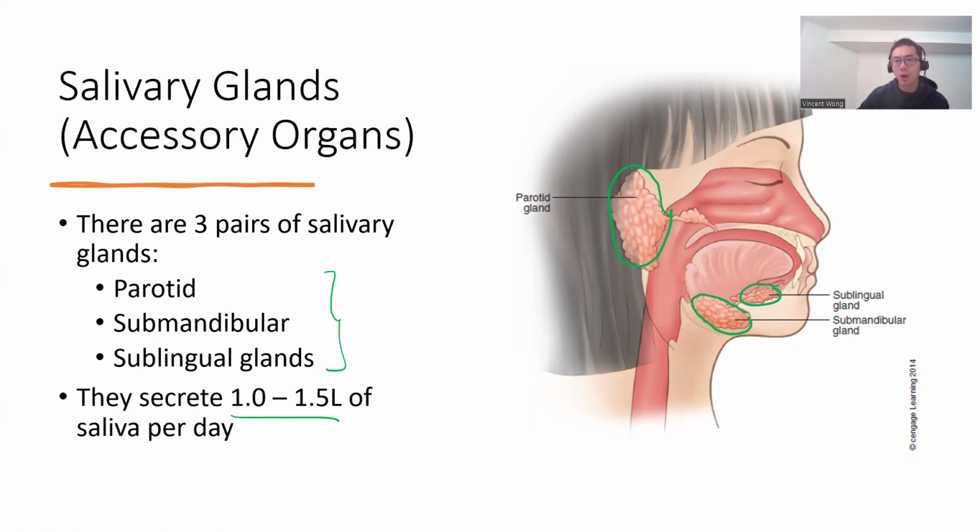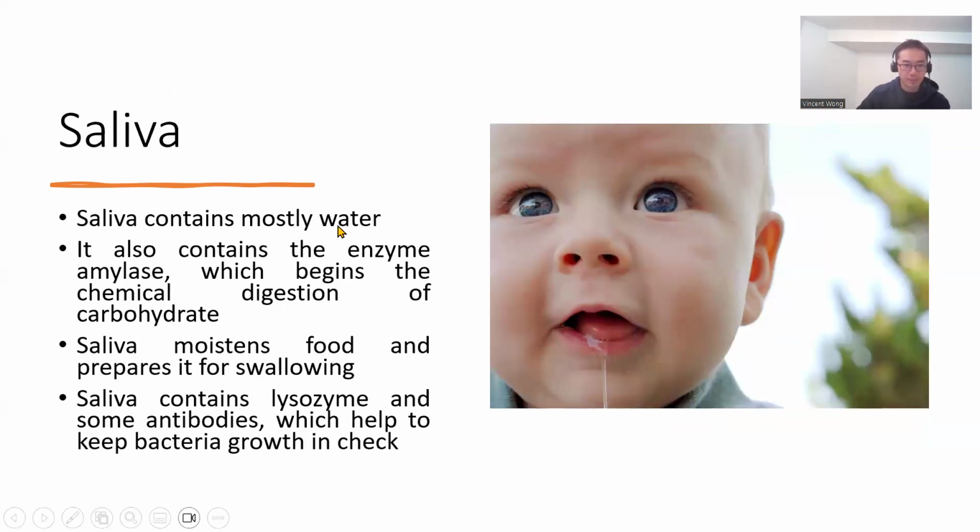Now, saliva is quite useful, but it's mostly water. It contains a little bit of amylase. I don't know if you remember, but amylose is basically a long chain of glucose. That's amylose.